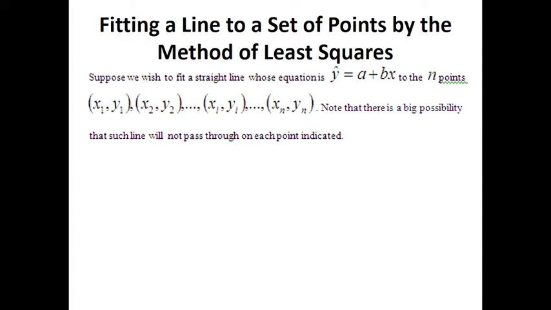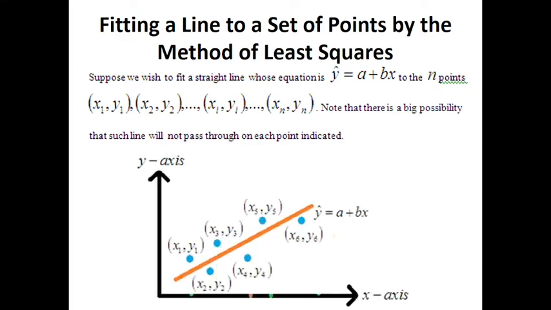So let me illustrate that. As you notice here, we have the points x sub 1, y sub 1, x sub 2, y sub 2, and so forth and so on until x sub 6, y sub 6. In this example, this is the approximated line.